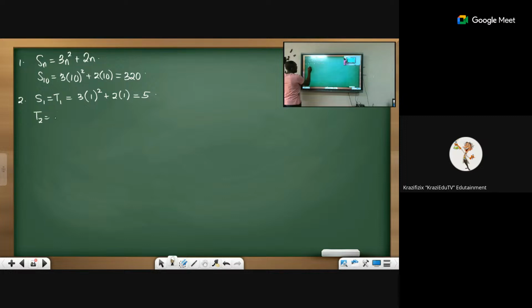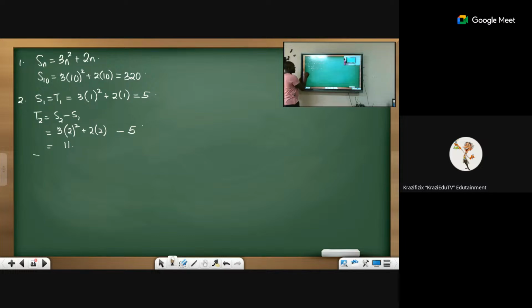It is S2 minus S1. What is S2? Anywhere we see n, we put a 2 there. Minus S1. Does that make sense? 3 times 4 is 12. 12 plus 4 is what? 16. 16 minus 5, 11. I hope you understand what I did there.